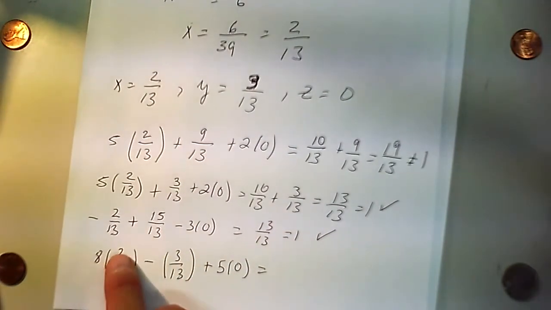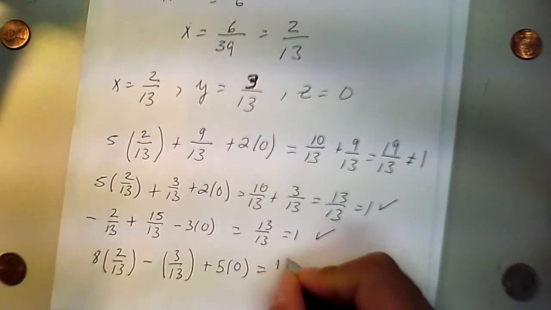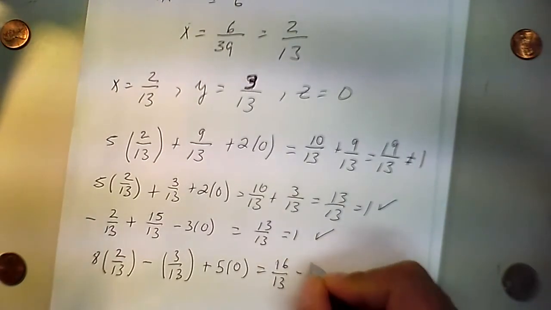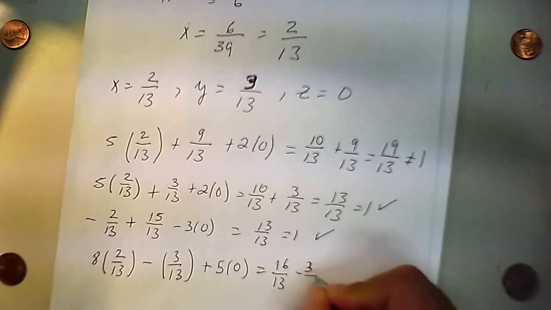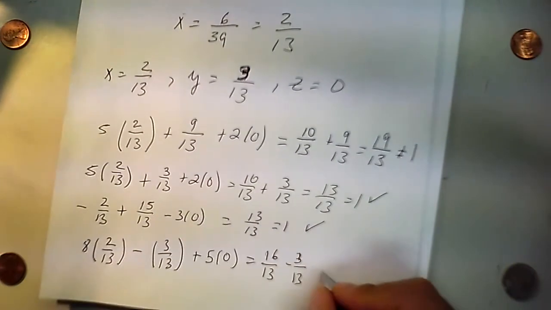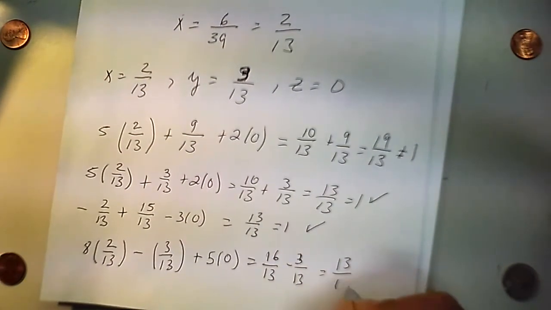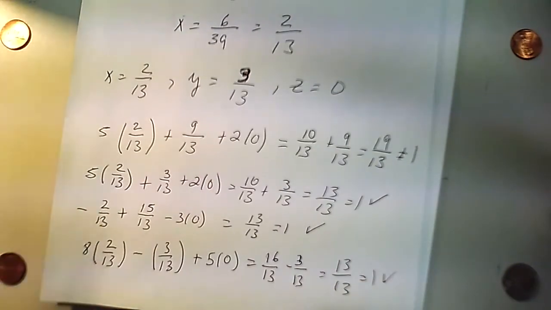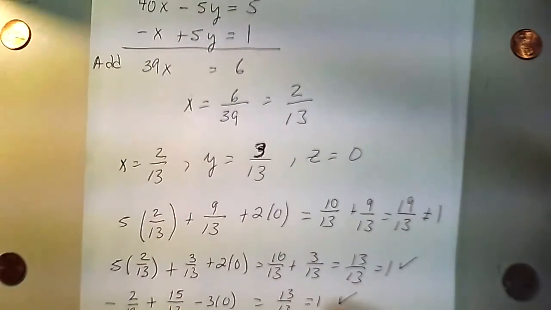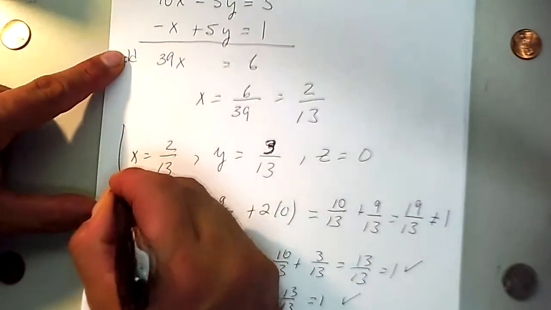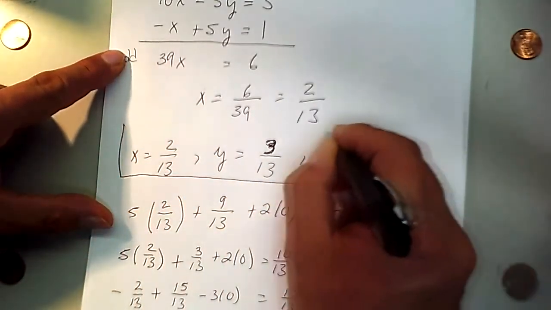Okay, so that's going to be 16 over 13 minus 3 over 13 equals 13 over 13, which is 1. It checks. So that means, yes, now we can declare this as the solution.